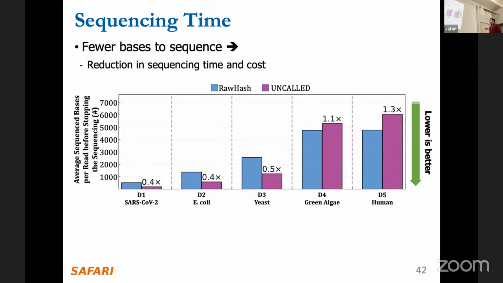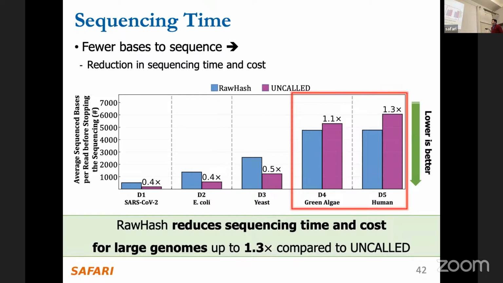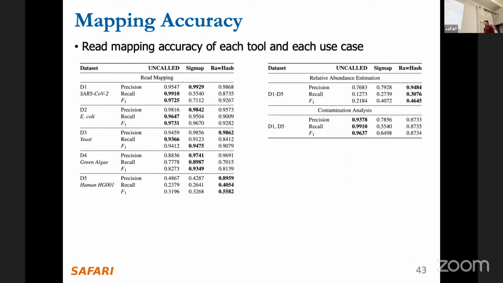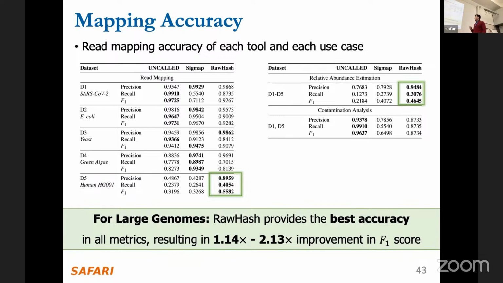We only compare RawHash and uncalled due to their good results in the previous metric. What we observe is that for larger genomes, RawHash reduces the sequencing time and cost up to 1.3x, because it requires fewer bases to sequence for these larger genomes, and for smaller genomes, uncalled seems to be better.